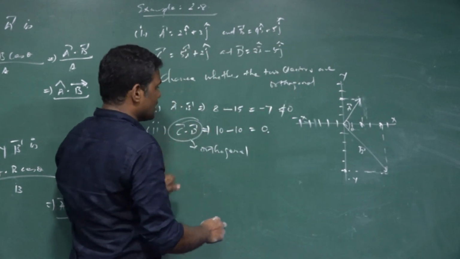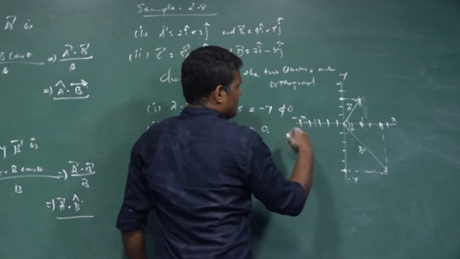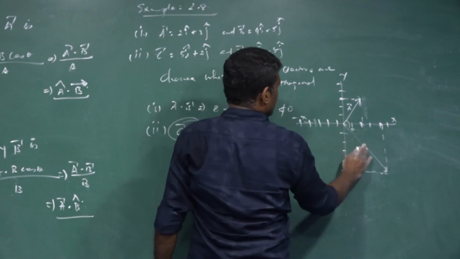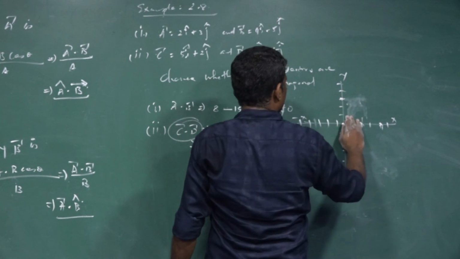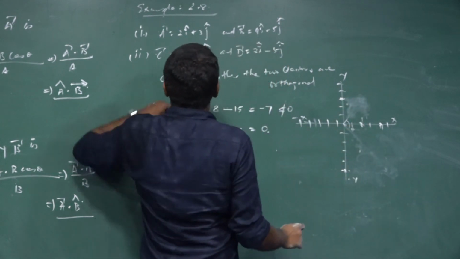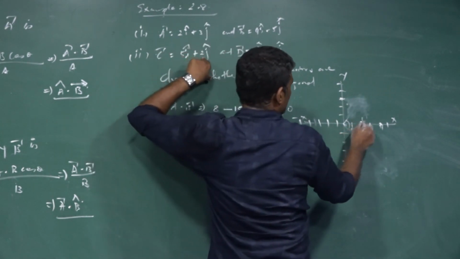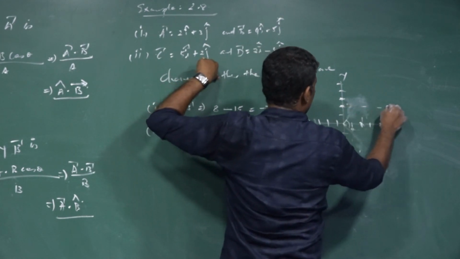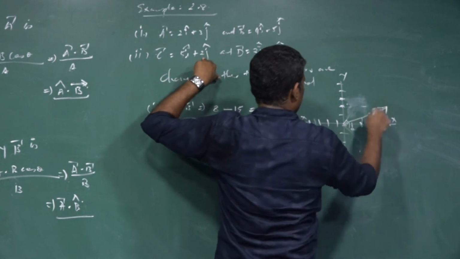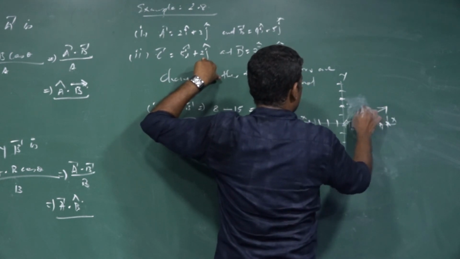Whereas in the case of C vector dot D vector, I can show with the same diagram so that it will be simple. 5i plus 2j, this is C vector.